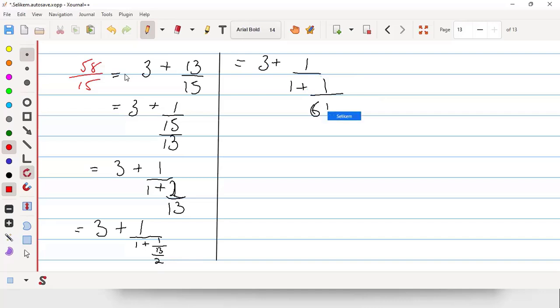Second 6 plus 1 over 2. So, okay, just that. Okay, good. We are done with this one. Nice work. I told you to get better as you saw more questions. So this is correct. So 3 plus 1 over 1 plus 1 over 6 plus 1 over 2. So 58 over 15 can be written as that. Okay, so please solve it in your book as well.